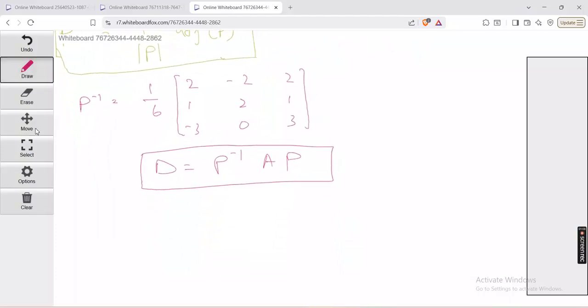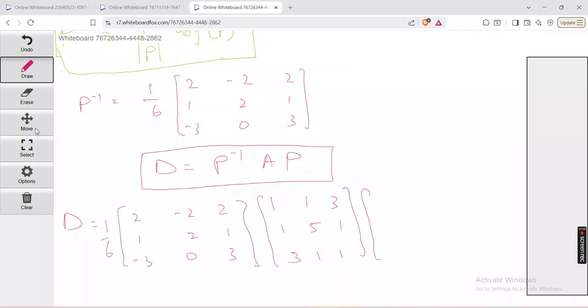So now you need D. D we have to find. P inverse, this is your P: 2, -2, 2, 1, 2, 1, -3, 0, 3. A is the main matrix, which is 1, 1, 3, 1, 5, 1, 3, 1, 1.